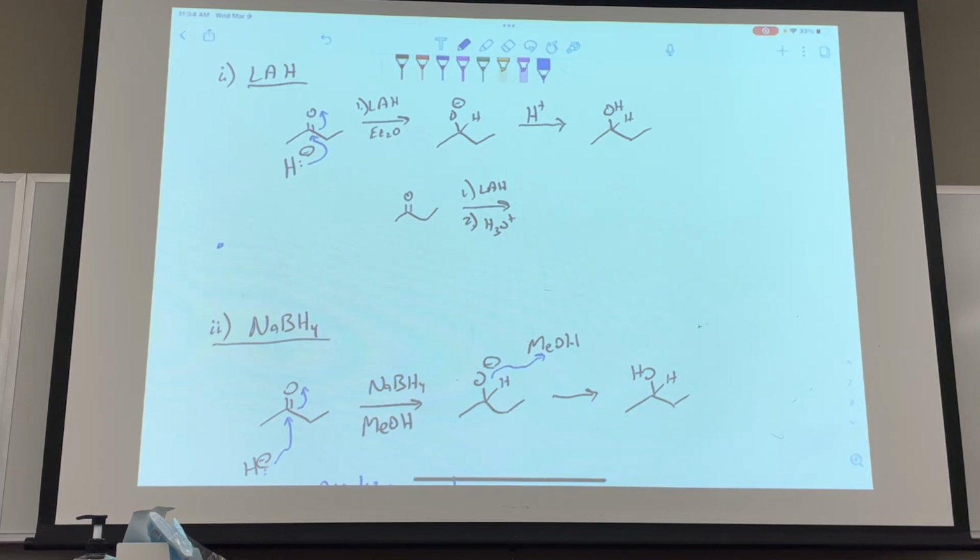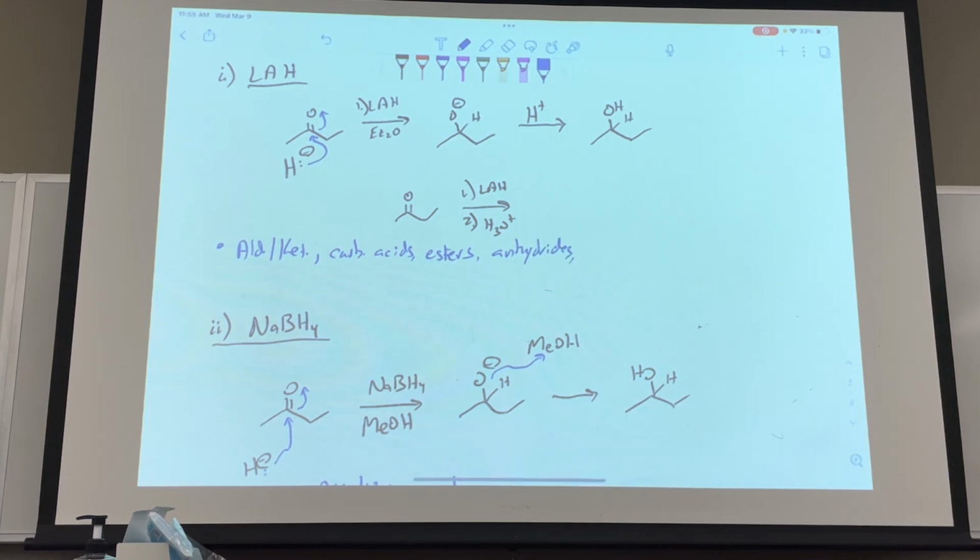LAH, you do have to be careful about using it because it is a sledgehammer of a reducing agent. It will reduce most functional groups. So yes, it will obviously reduce aldehydes and ketones, but it will also reduce carboxylic acids. It'll reduce esters. It'll reduce anhydrides.